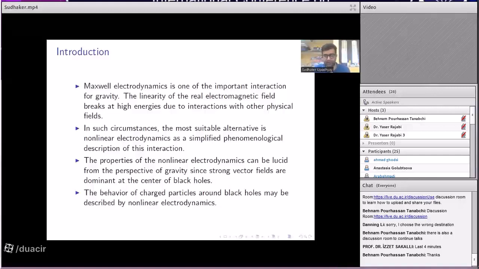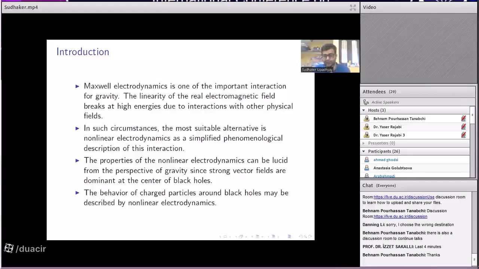Okay, and the behavior of charged particles around black holes is described by nonlinear electrodynamics, because the energy there is very high. So this is a possible consideration for nonlinear electrodynamics as a source term for GR.